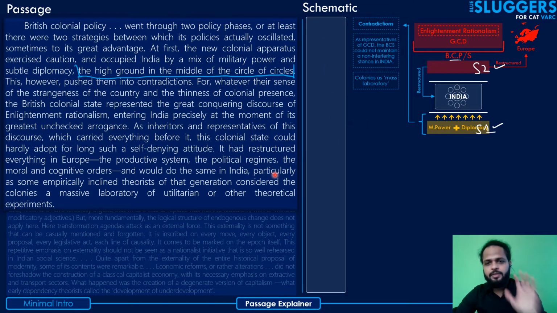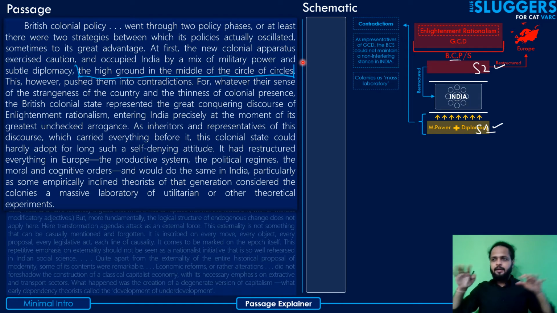So what the author has done here, in the first part of the first paragraph, is talk about the two strategies of the British colonial state: how they started with the first strategy and conquered and occupied India, and how they were not able to stick with the strategy of not interfering much, of just settling for having acquired the country and taking eminence.